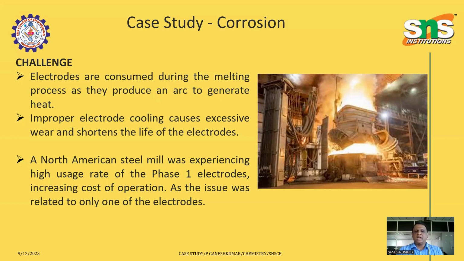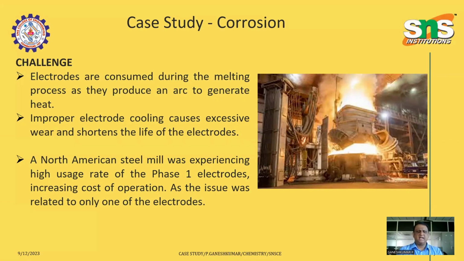So there is another process by which we can cool the electrode, by supplying water. But in a particular industry in the USA, particularly in North Carolina, the improper electrode cooling causes excessive wear and shortens the life of electrodes.